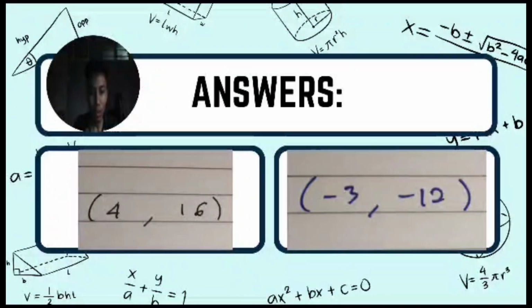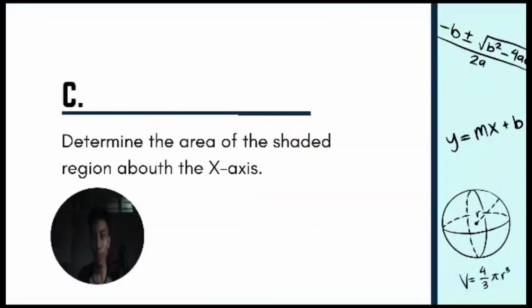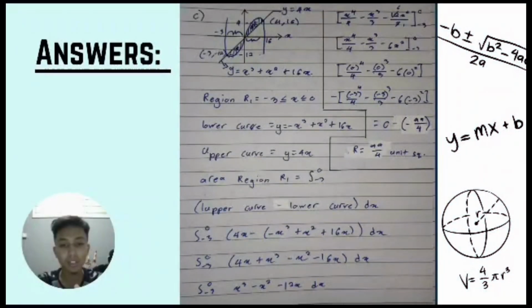The other one is x equals negative 3 and y equals negative 12. Question C is to determine the area of the shaded region about the x-axis. This is the start of the answer for question C.